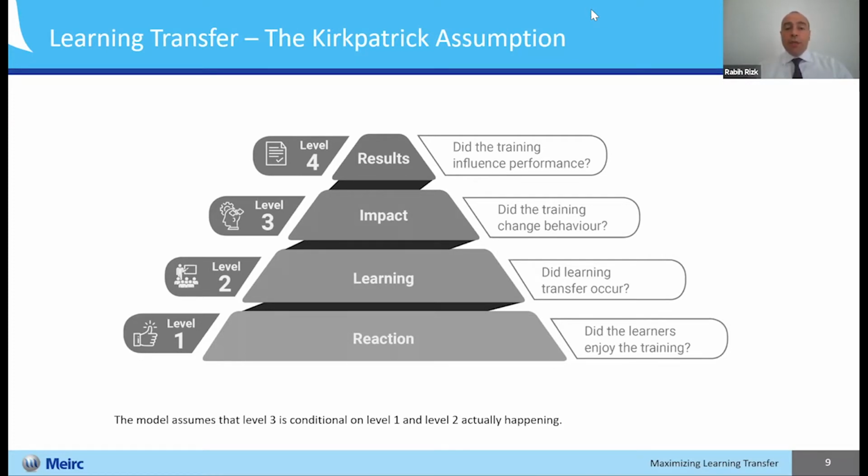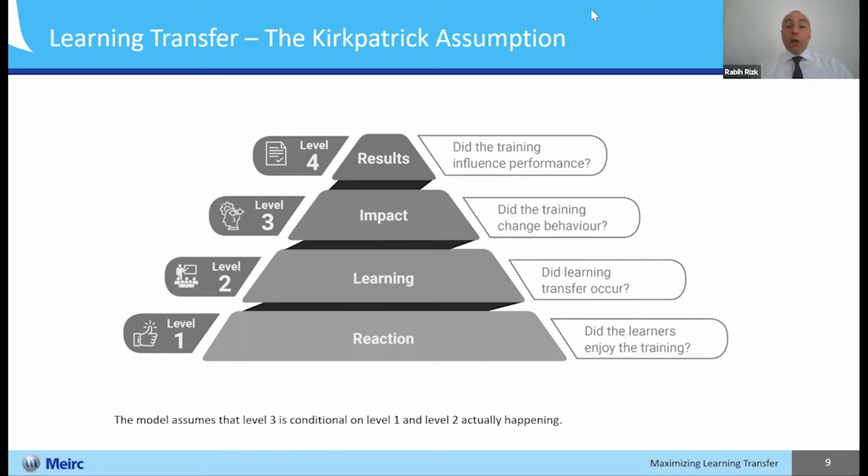The assumption within the levels of the Kirkpatrick model states that to move to a higher level, one needs to satisfy all the others. So learning does not happen without a high level of reaction. Impact does not happen without high levels of both learning and reaction, and results don't happen without the satisfaction of the first 3 levels.